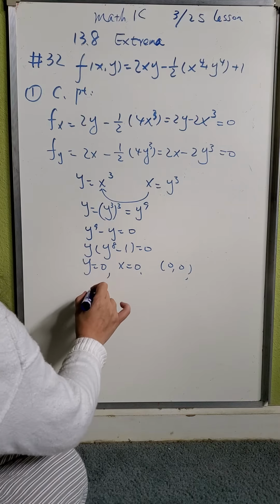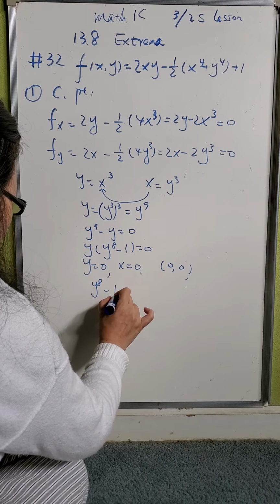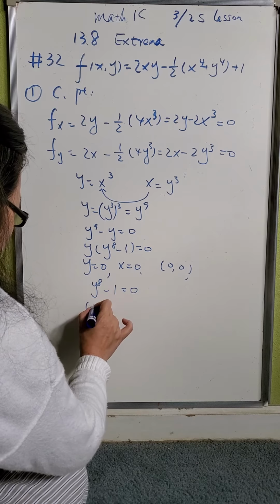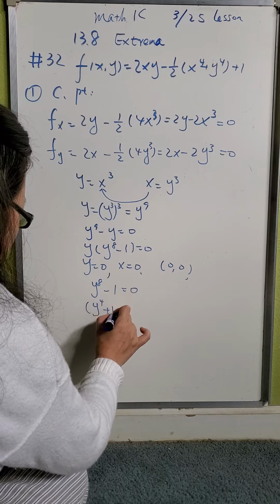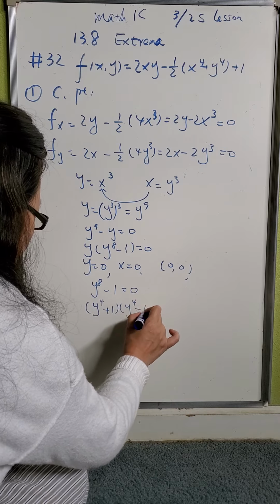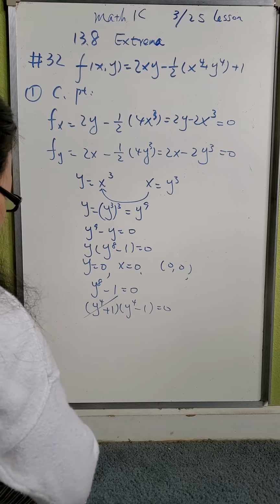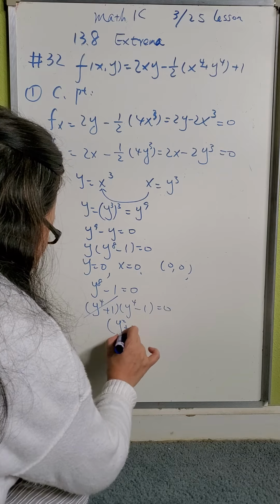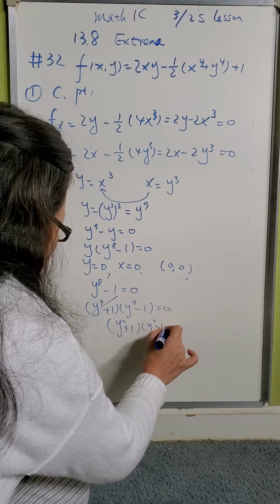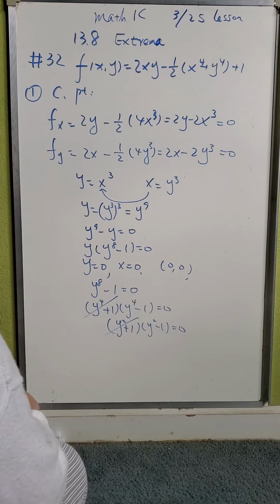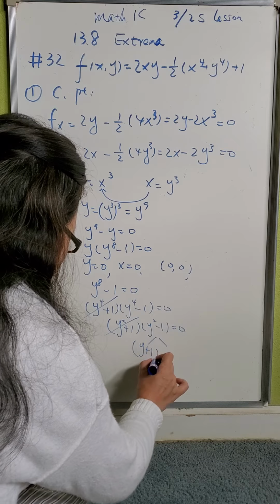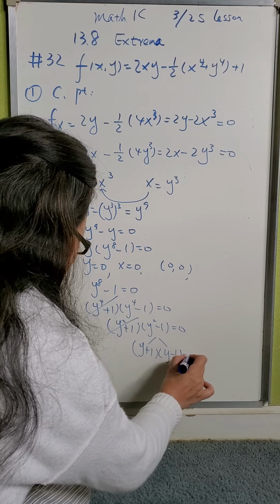And then for this one, we have y to the 8 subtract 1 equal to 0, okay? And then now you're going to factor this, so y to the 4 plus 1, y to the 4 minus 1. That's never equal to 0. Look at this one, y squared plus 1, y squared minus 1 equal to 0. Again, this is never equal to 0. Continue here, y plus 1, y minus 1 equal to 0.